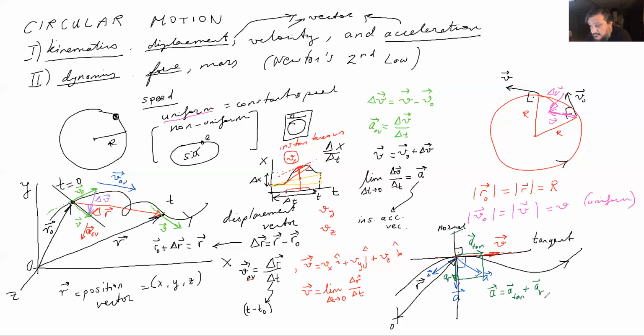AR is never 0. The path dictates AR. I'm going to show you how to find AR in terms of the radius and speed for a circle, so you'll have a formula for that. And that term is there because you have a curved path. It can never be 0. The only time it is 0 is when you're moving along a straight line. But a tangential can be parallel to V, anti-parallel to V, or even 0. There are possibilities for that.